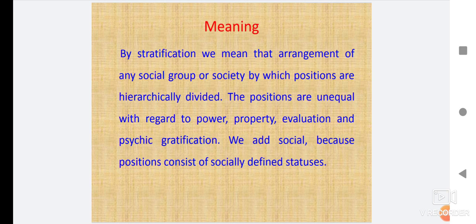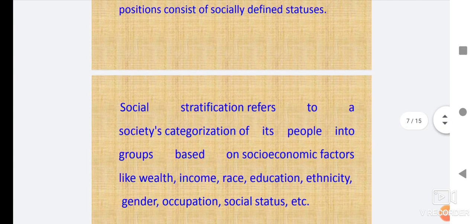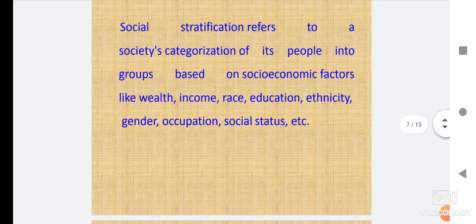We add social because positions consist of socially defined statuses. Social stratification refers to a society's categorization of its people into groups based on socio-economic factors like wealth, income, race, education, ethnicity, gender, occupation, social status, etc.